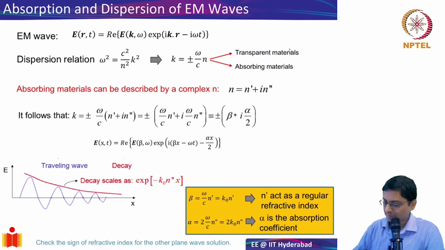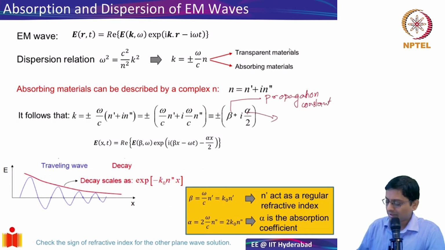This is usually referred to as beta, which is a propagation constant. It's just a definition. And the imaginary part, I'll call it the attenuation constant.